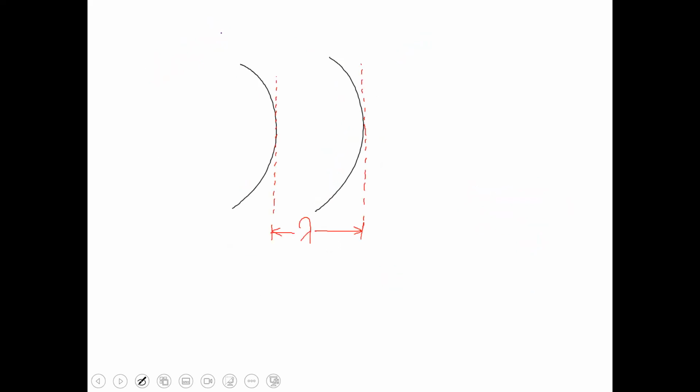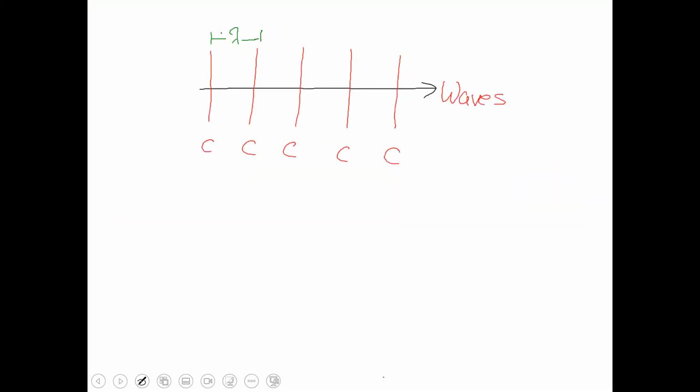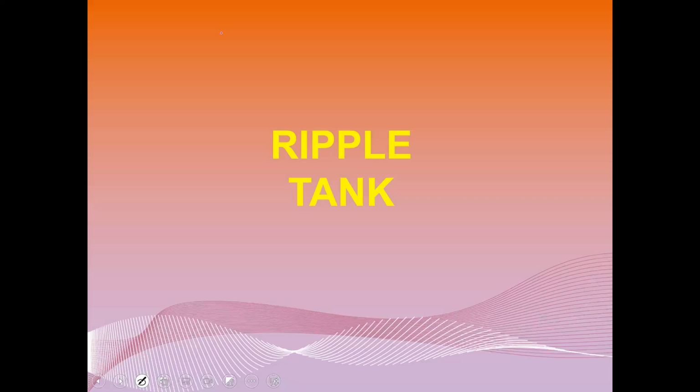This is called wavelength from the wave, and these wavefronts can be vertical, these wavefronts can be circular, these wavefronts can take different shapes. So when you draw wavefronts, they can take different geometrical shape.